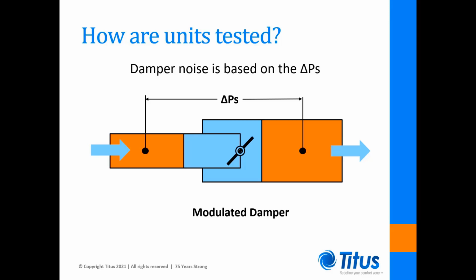This same unit with 5 inches of inlet pressure and 4¼ inches of discharge pressure would create the exact same sound level because it is also based on a 0.7 inch delta PS.